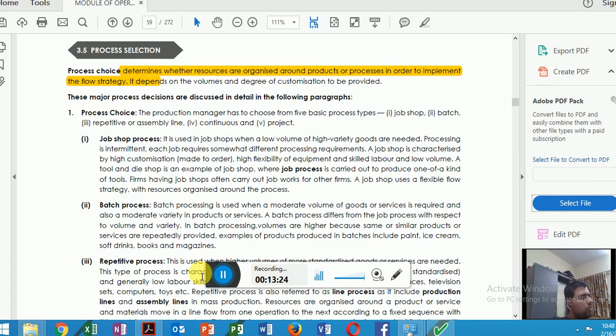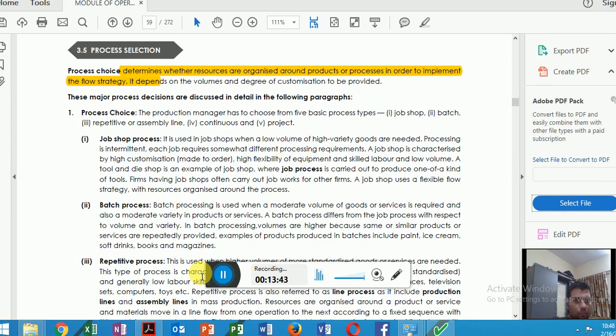What I mean to say is, based on the characteristics of the product, I will repeat once again, based on the characteristics of the product, the processes are selected.